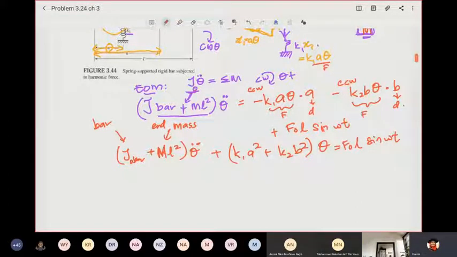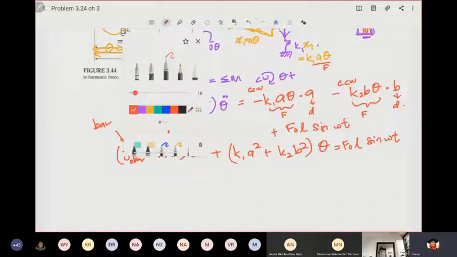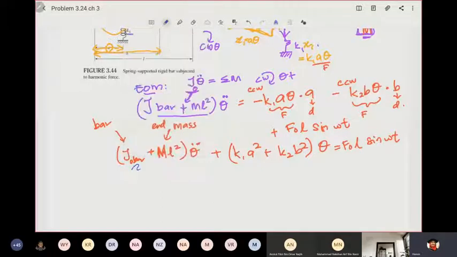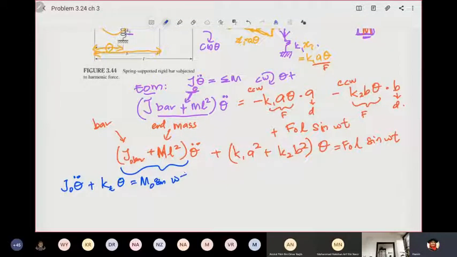Then you can see that now it is in the form. What you need to pay attention to is what we call the J equivalent, because you remember your model, you have J naught theta double dot plus K torsional theta equals to moment M naught sine omega t. This is undamped because lecture 6 is still undamped. So this is your J naught equivalent, and this one is your K torsional equivalent, and this one is your M naught.